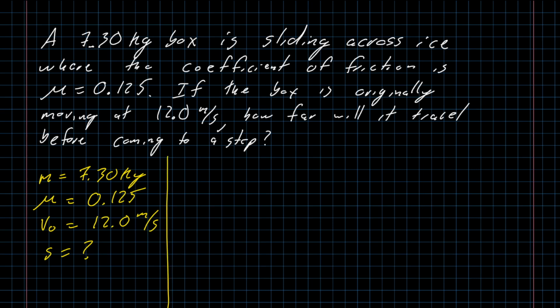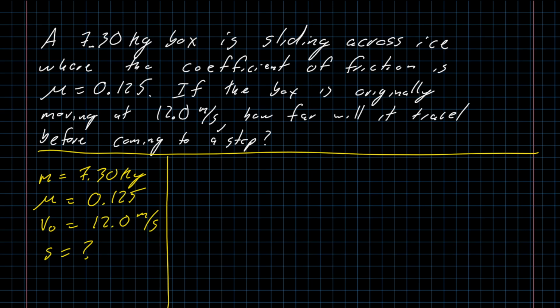And with that, we can start to get to work. Kind of thinking through how we're going to solve this problem is in and of itself a tricky thing. We don't really have any formulas that involve both force and distance.